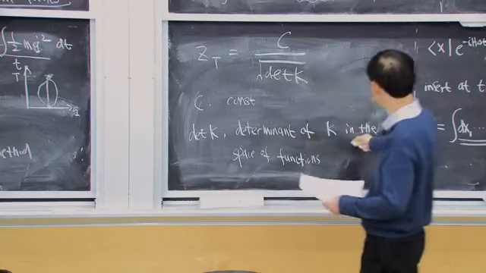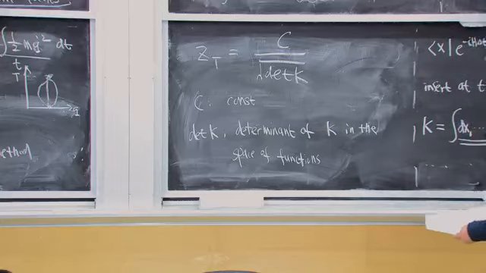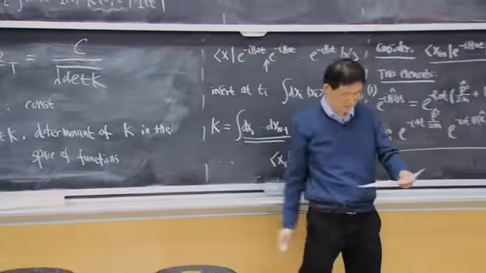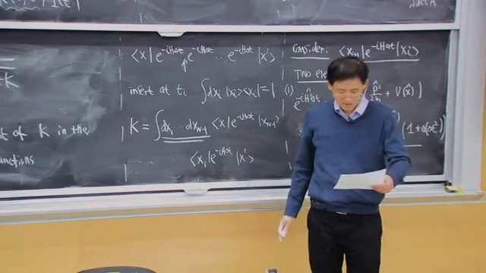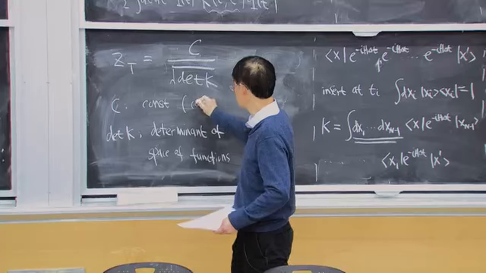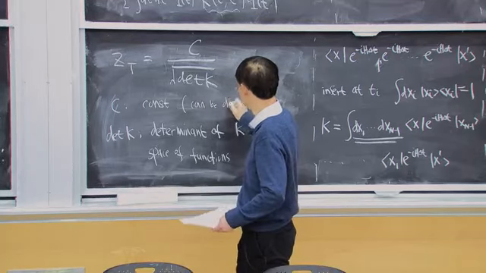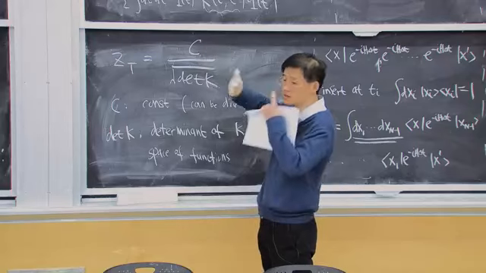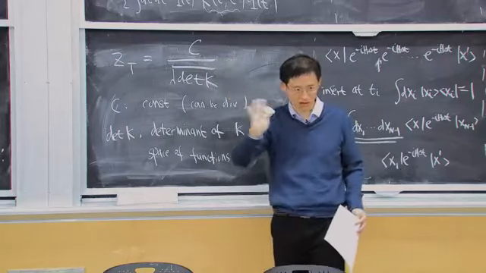So K is a matrix defined in the space of q(t), which is the space of functions. So this constant can be divergent, but this doesn't matter, as we will later see. Such a constant doesn't matter very much for your physics.